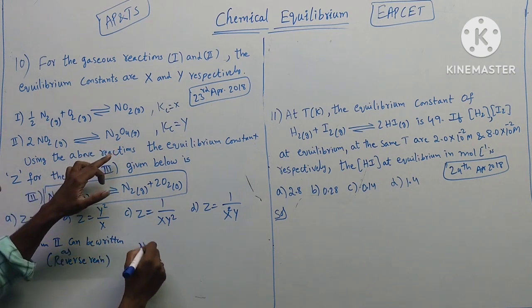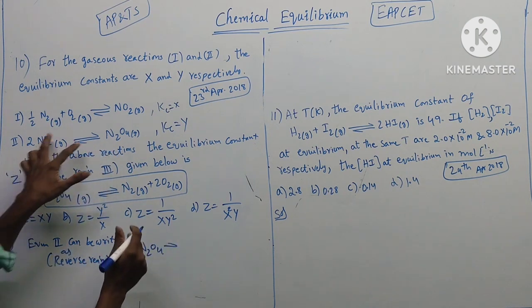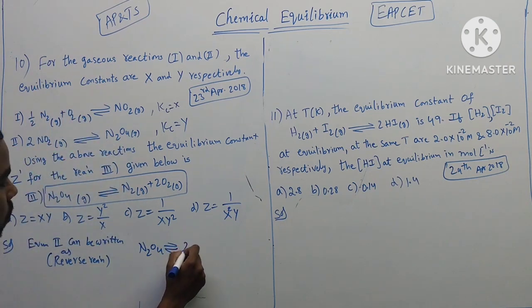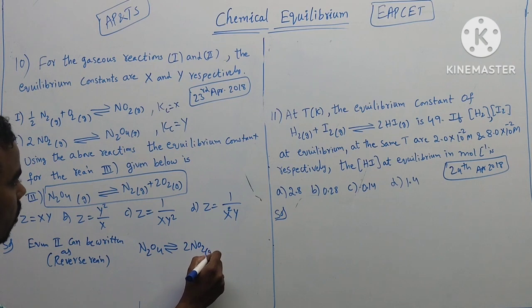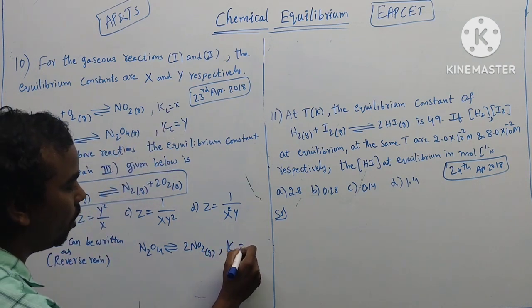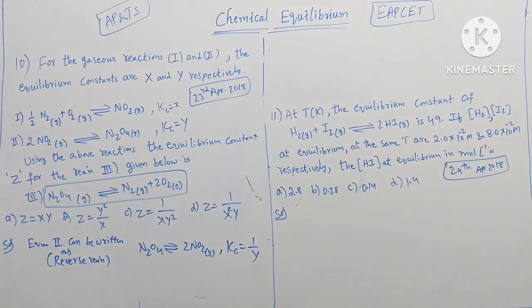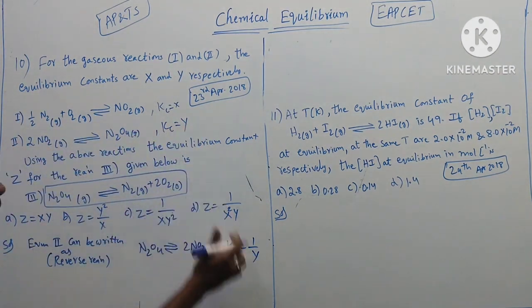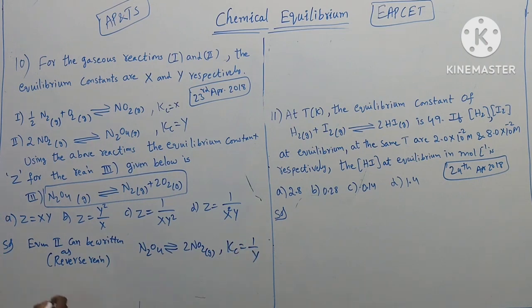So N2O4 is in equilibrium with 2NO2. For the reverse reaction, Kc is 1 by Y. For this reaction, Kc is Y. For the reverse reaction, Kc is equal to 1 by Y. Reciprocal.